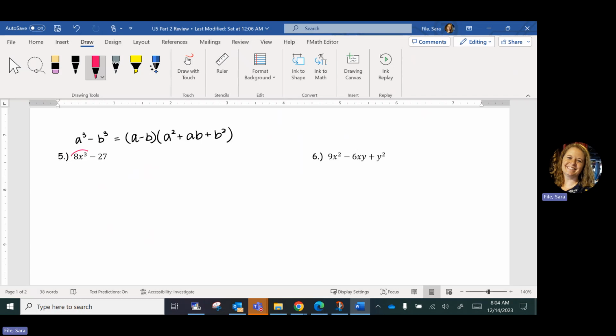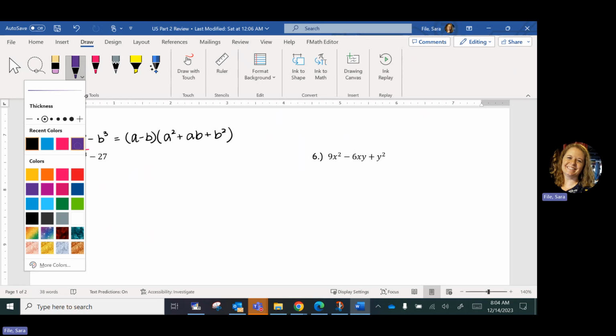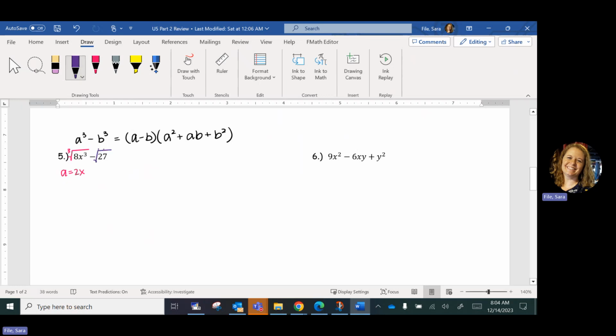So the cube root of this first number. The cube root of 8 is 2, and the cube root of x cubed would just be x. And then I say, okay, what is the cube root of the second term? The cube root of 27 is 3.